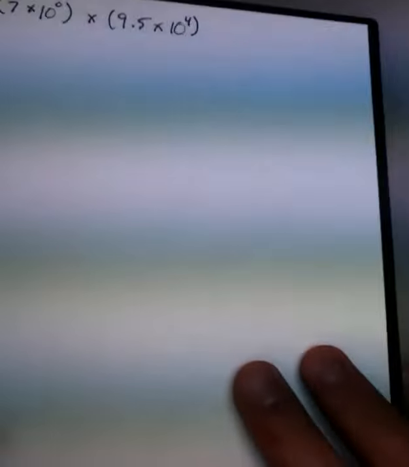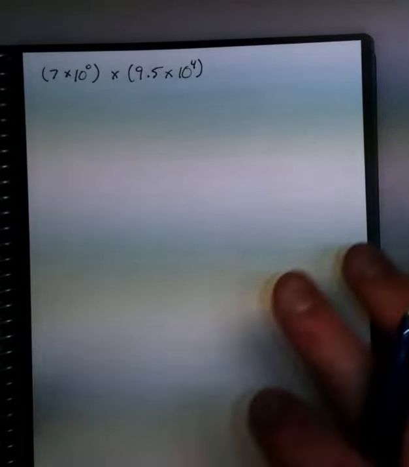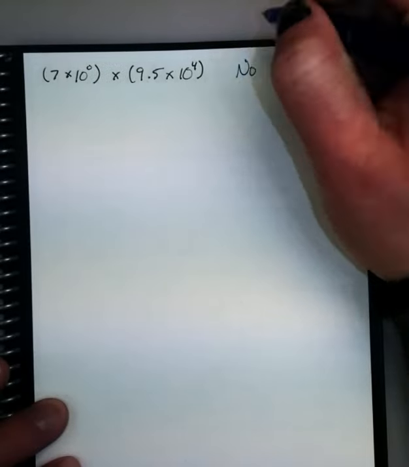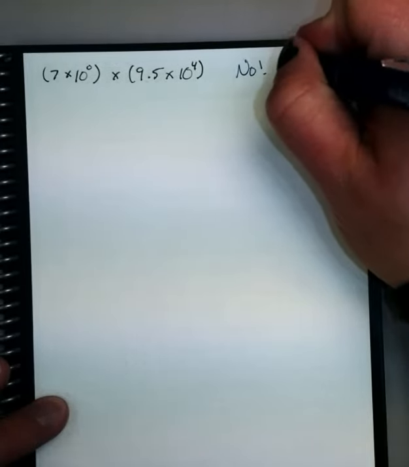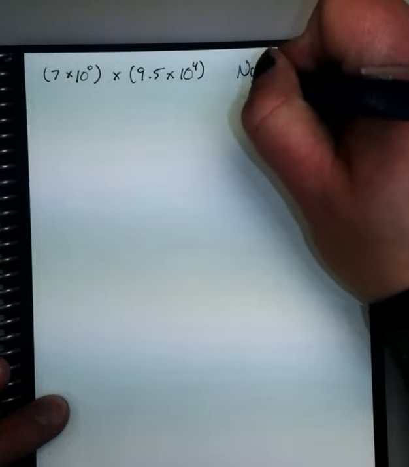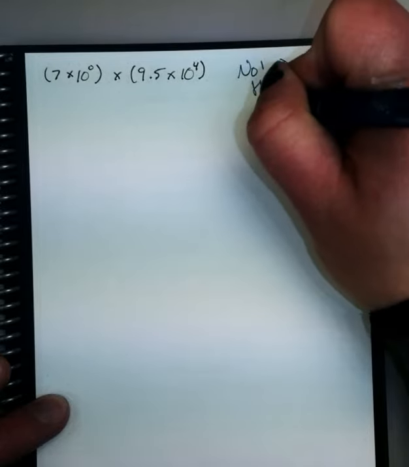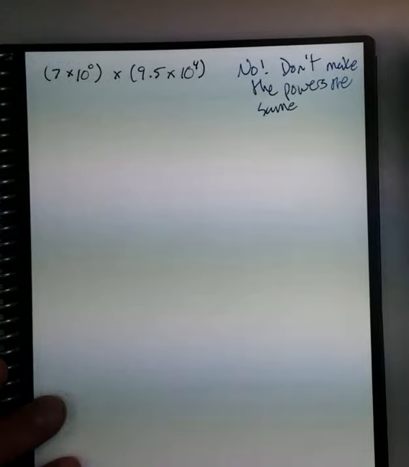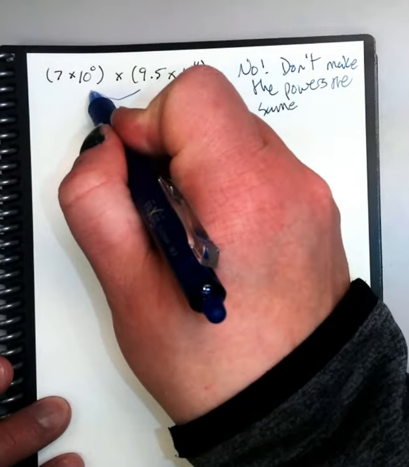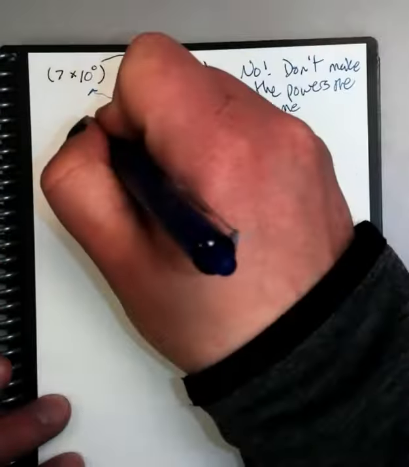What happens if our powers are different? Do we need to make the powers the same? No, we do not. We are going to put these next to each other. So I'm just really going to flip these two right in the middle.